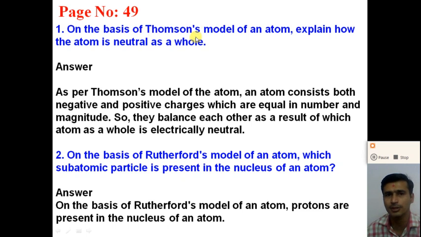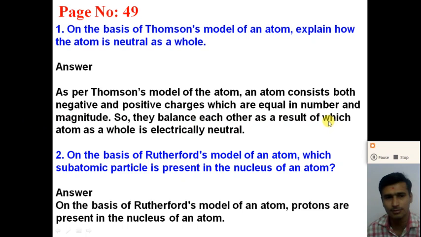On the basis of Thomson's model of an atom, explain how the atom is neutral as a whole. As per J.J. Thomson's model, the atom consists of both negative and positive charges, which are equal in number and magnitude. So they balance each other.